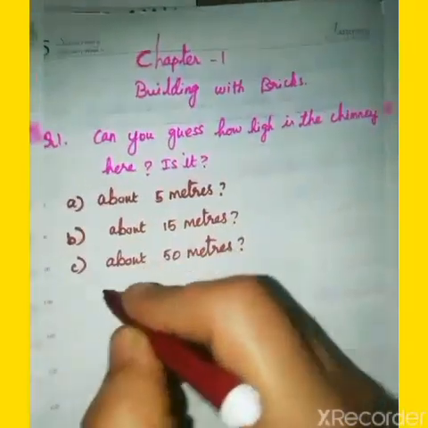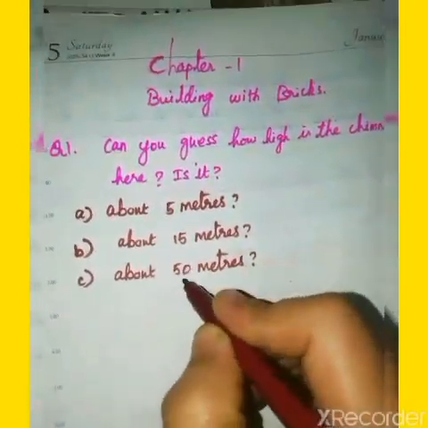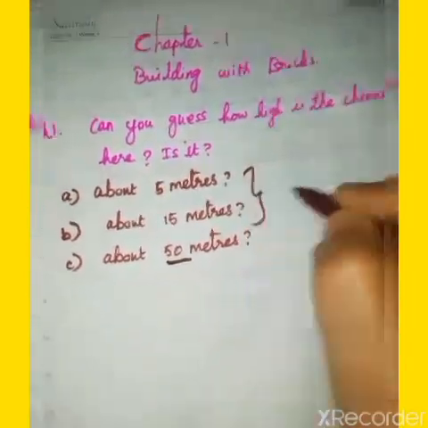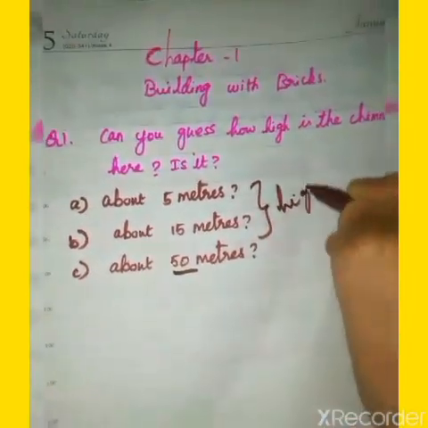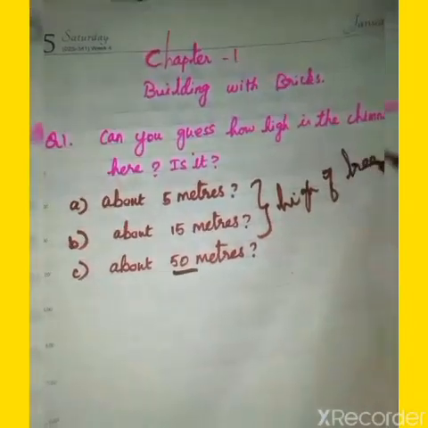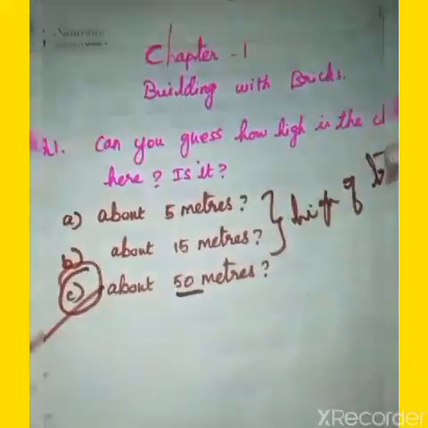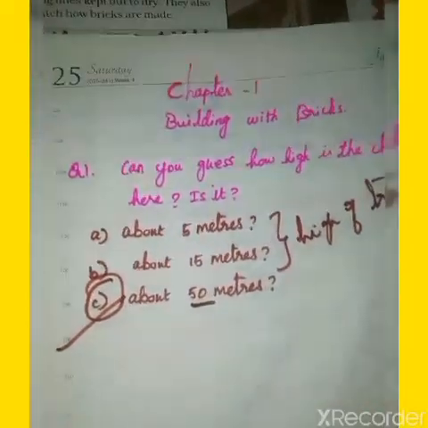You already know this. Yes, definitely the chimney is much higher than the height of the trees. So option C is correct, isn't it?